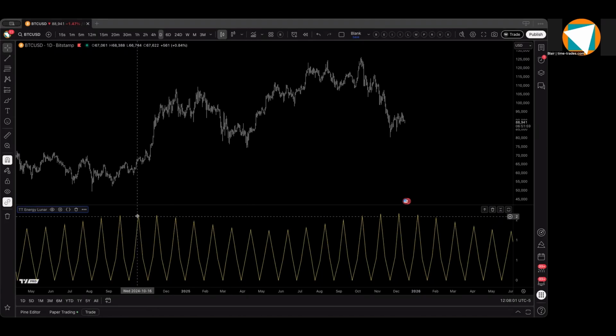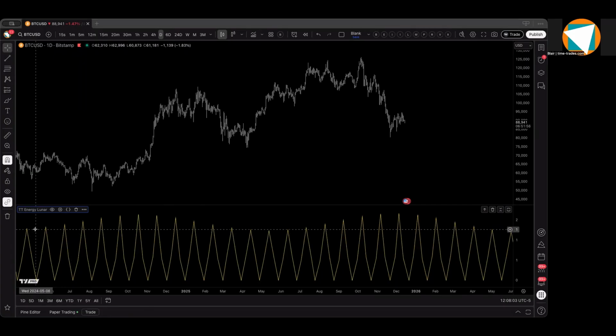So as distance between the Earth and the moon decreases, meaning moon is closer to Earth, the amount of reflected energy increases. As we come down here, the peaks get lower and lower, and what's happening is the full moons are happening closer and closer to lunar apogee, where the moon is further away from Earth. And then around here, these two full moons are very close to lunar apogee. And then the full moons start getting closer and closer to Earth.